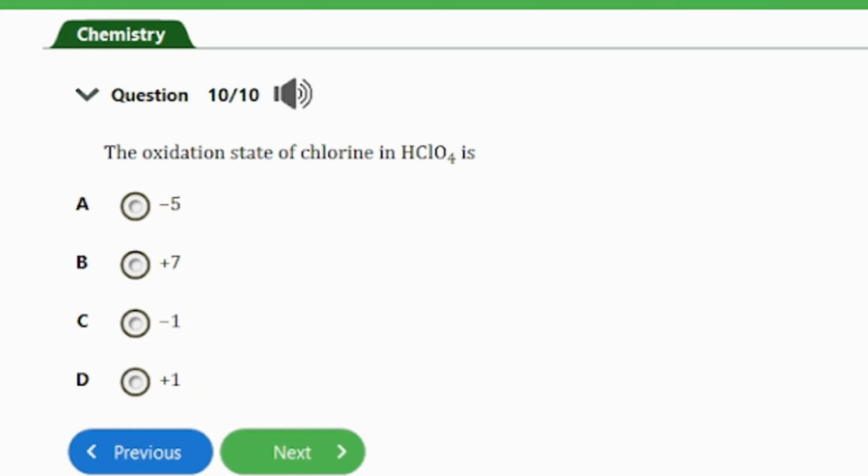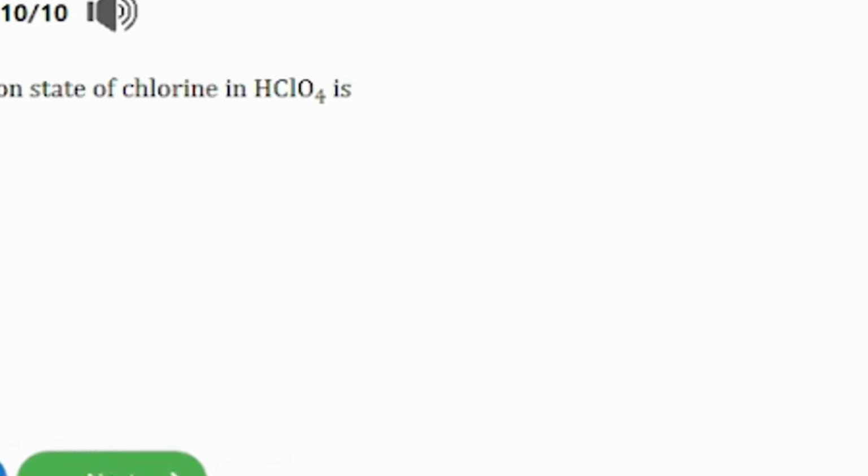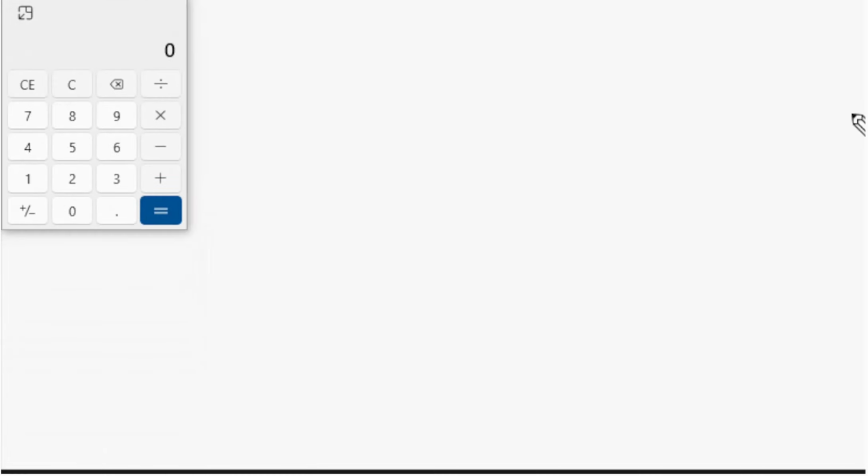Question number 10 here. It says, the oxidation state of chlorine in HClO4 is. So guys, for this, we're going to zoom into our workspace here to solve this out together. So let's get our calculator down here. Let's solve this together.